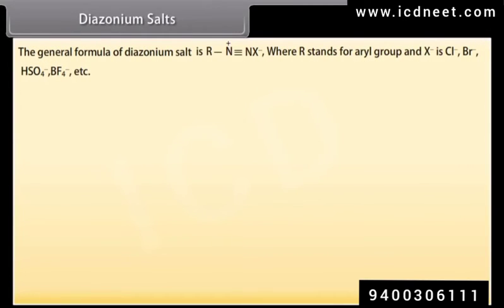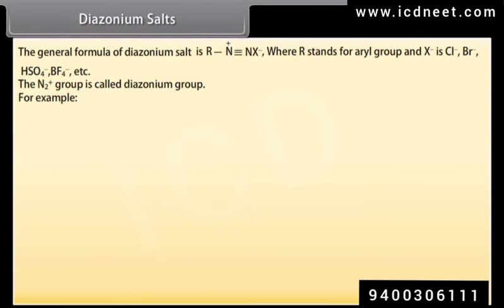Diazonium salts. The general formula of diazonium salt is RN2+ X-, where R stands for aryl group and X- is chloride ion, bromide ion, hydrogen sulfate ion, or tetrafluoroborate ion. The N2+ group is called diazonium group.